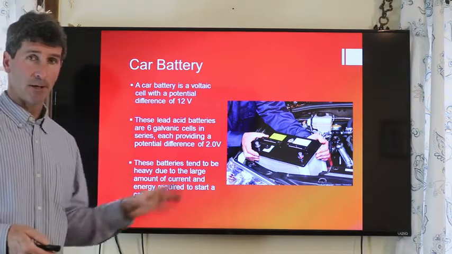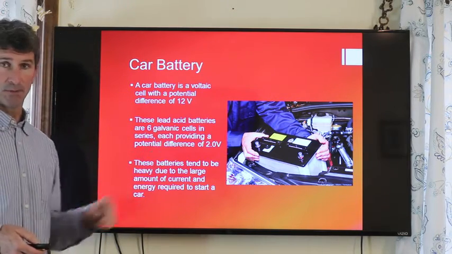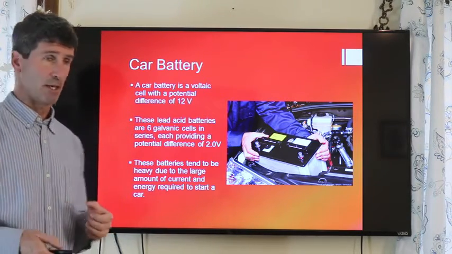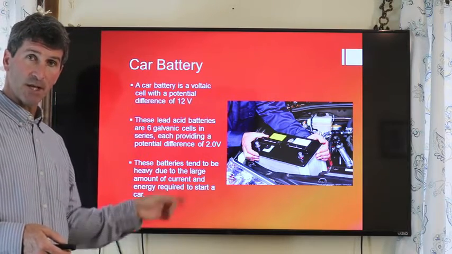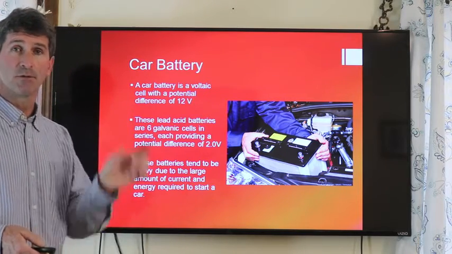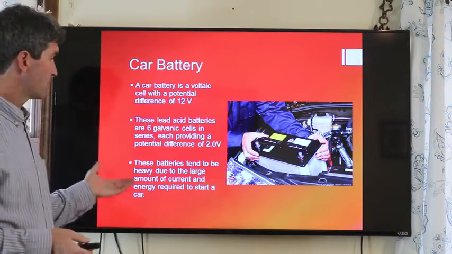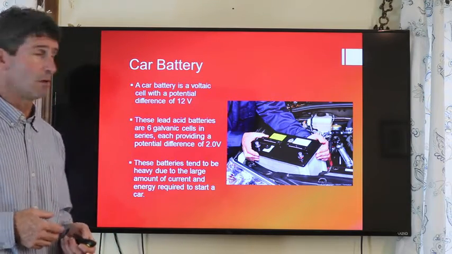This lead-acid battery at 12 volts is actually 6 galvanic cells put together. These are 6 electrochemical cells put together in series. So you get 2 volts from the first set, 2 volts from the second set, 2 volts from the next set. 2 times 6 gives you 12, and that's why these lead-acid batteries are rated for 12 volts.